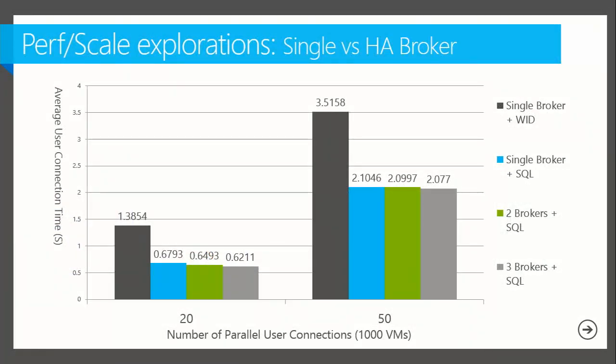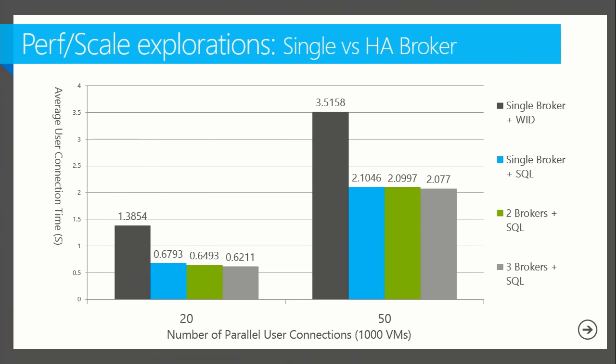This graph shows the performance of our broker, a single standalone broker, which is really not an HA configuration, versus 2 brokers using SQL Server as the backend. The graph on the left shows 20 connections coming in concurrently for 1,000 VMs, and you see that by using the SQL Server, we are able to go twice as fast.